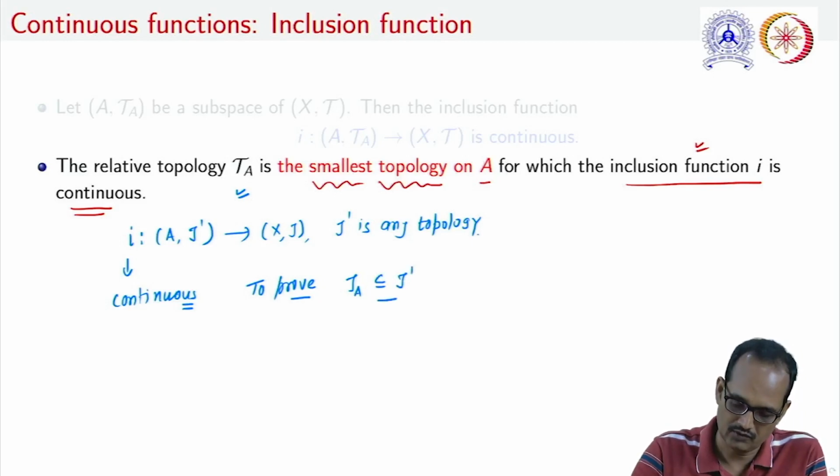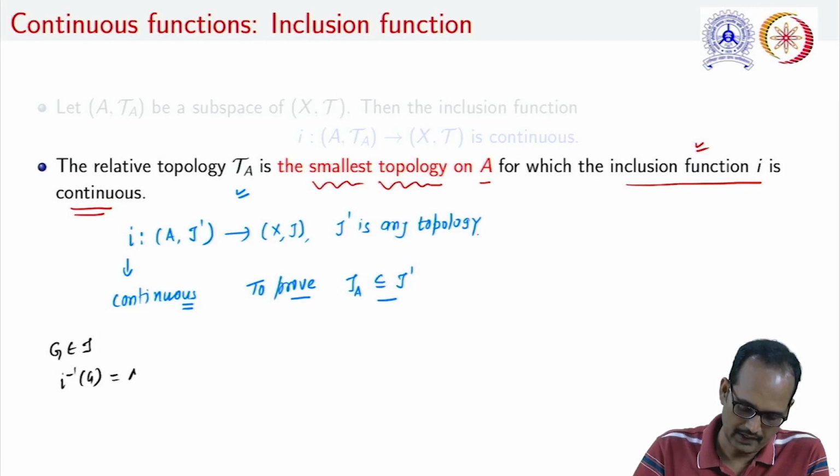In order to justify, let us see, if we are taking any g belongs to tau, we have already seen that this I inverse g is given by A intersection g. And because this function I is a continuous function, therefore this belongs to tau dash.